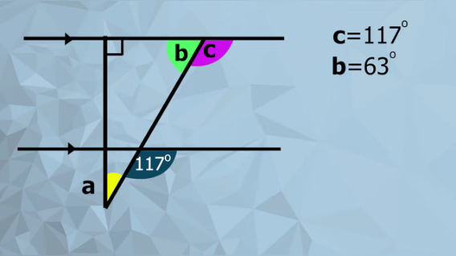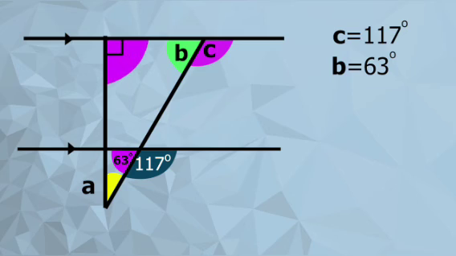To get angle A, notice the triangle underneath the bottom parallel line. To get the adjacent angle to 117 degrees, subtract 117 from 180. That will give you 63 degrees.